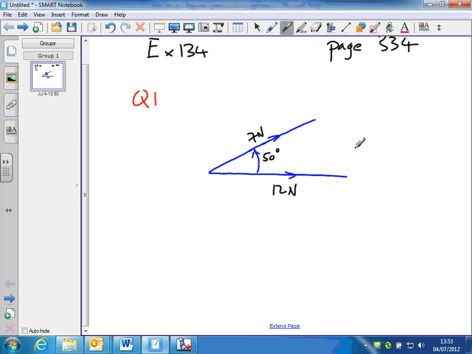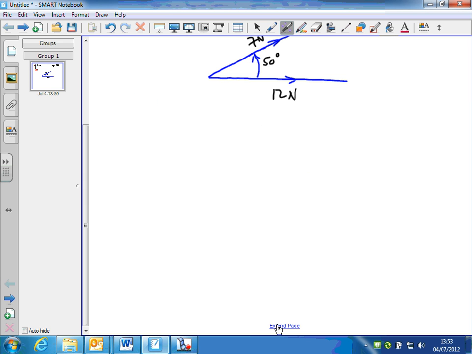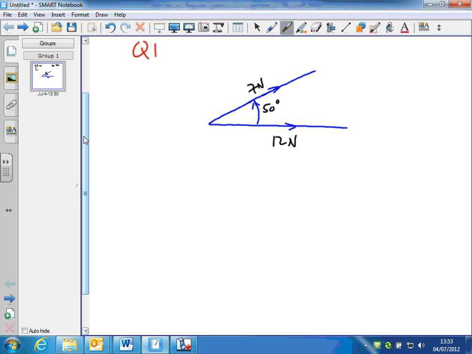So the way to do this is to use the idea of finding the vertical and horizontal components of the forces. If I take two forces and I add up the horizontal components of those forces and the vertical components of those forces, then the resultant will be this line here.